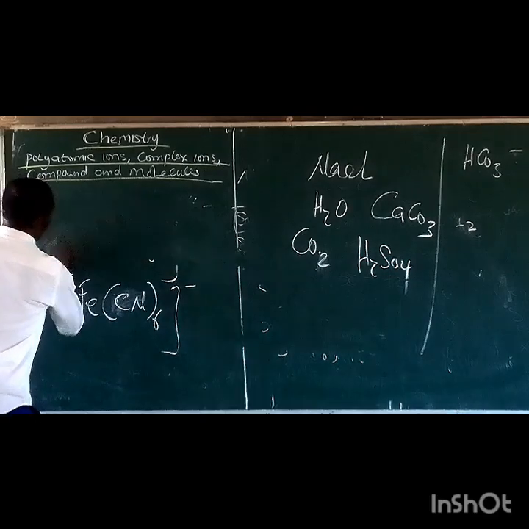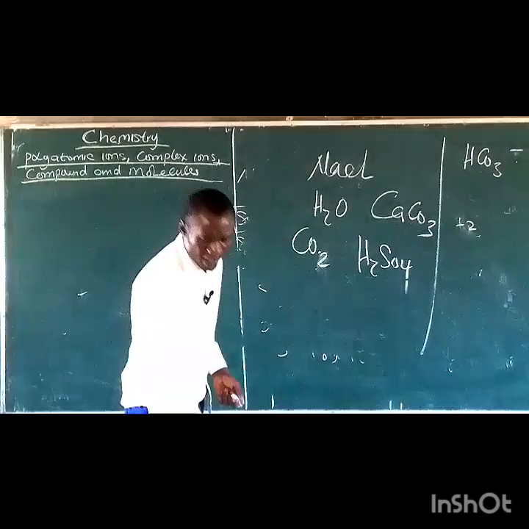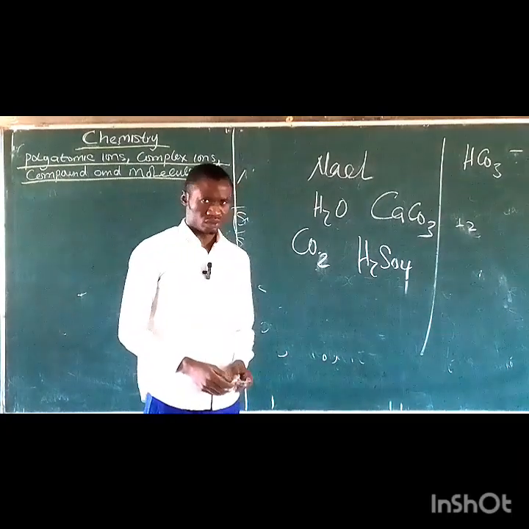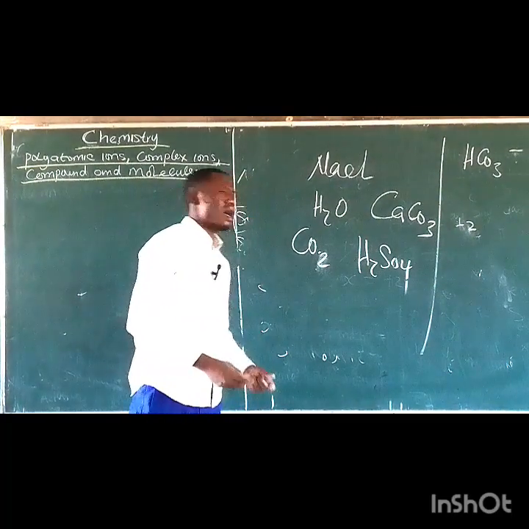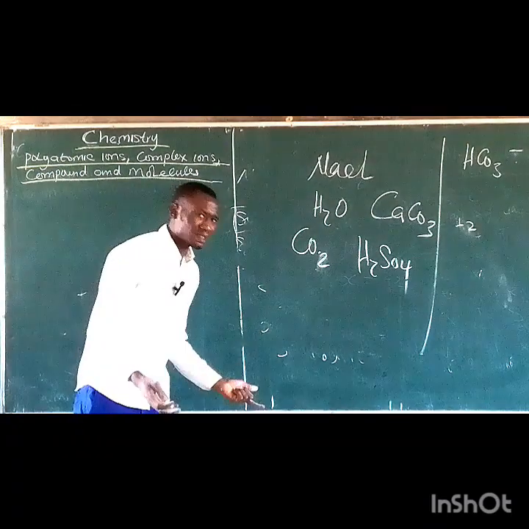So we go to molecule. Molecule is the combination of two or more atoms of elements that are covalently bonded. Now, when I use the word covalent, molecule is applicable to non-metals.